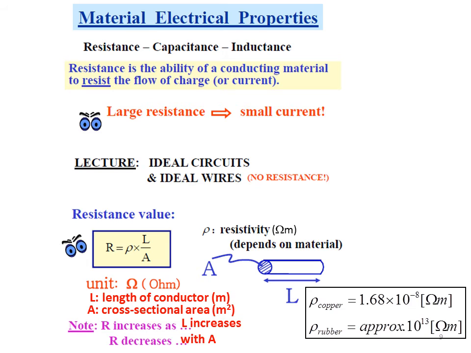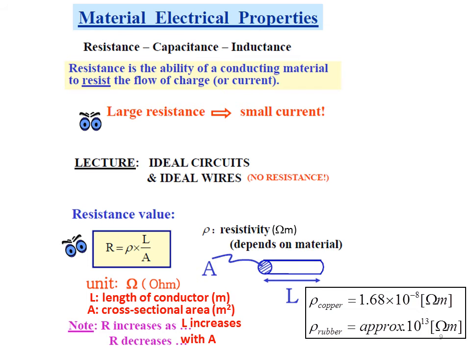Okay, let's talk about material electrical property. In this slide, we learn about resistance. Resistance is the ability of a conducting material to resist the flow of charge, or the flow of current. If we have large resistance, it means we have a small current.